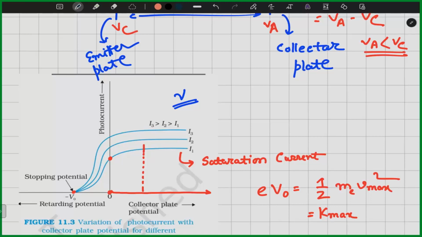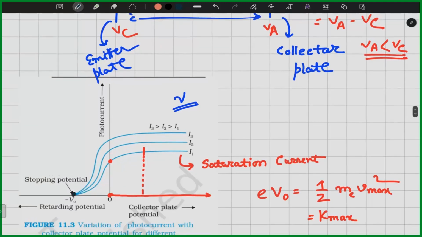Other electrons have already been stopped before. So when we apply the potential difference in the negative, reverse direction, it restricts the flow of electrons, and that's why we can see here that this current is decreasing, and after reaching a certain value, all the photoelectrons stop due to that retarding potential.